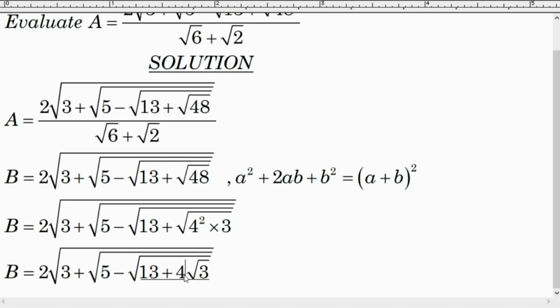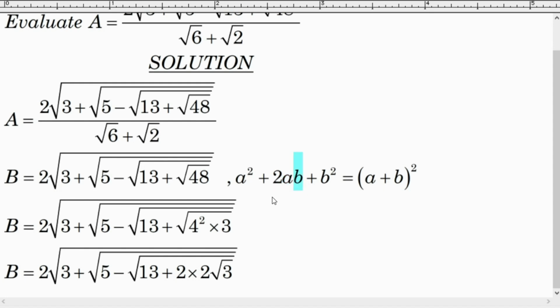I want you to see that we can write 4 as 2 times 2. Why? Because when we have 2 here and 2 here, we can find the value of a times b.